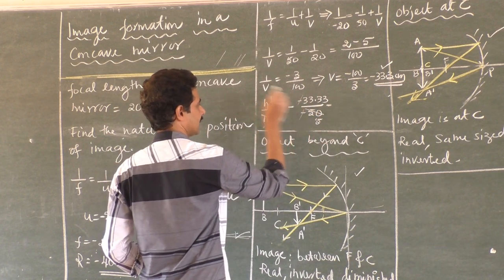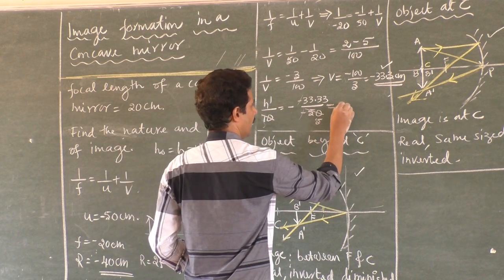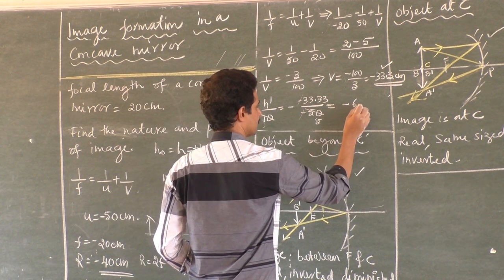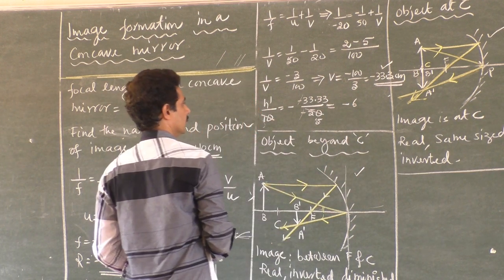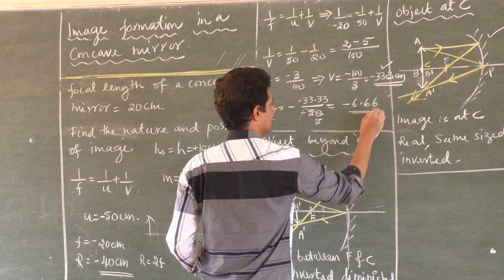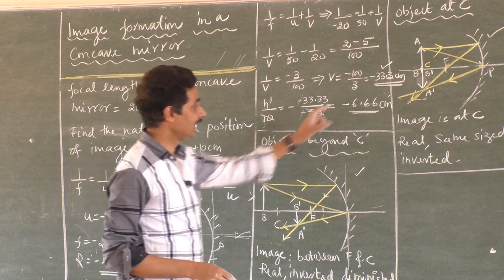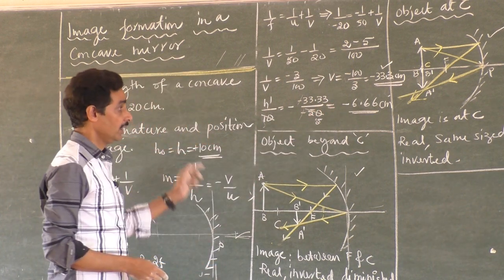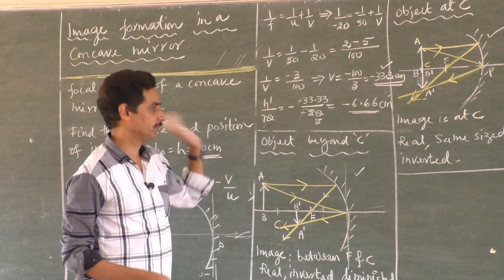This minus will get cancelled with this minus, but one minus will remain. That is equal to minus 6.66 centimeters, which is lesser than 10 centimeters. Minus sign indicates that it is inverted and it is below the principal axis.